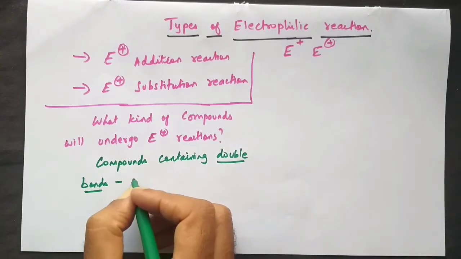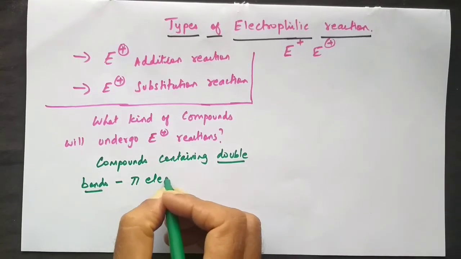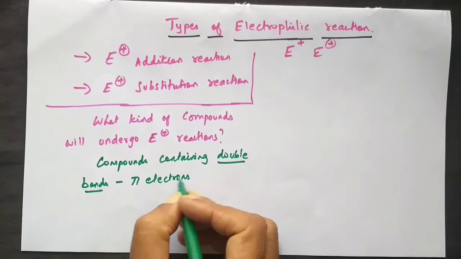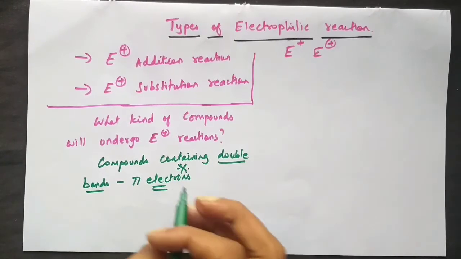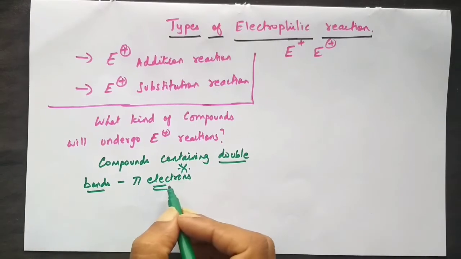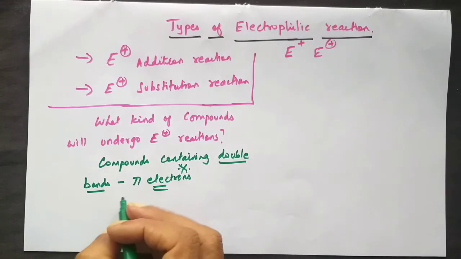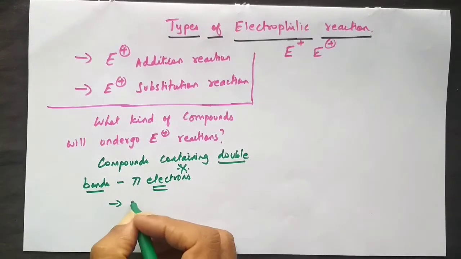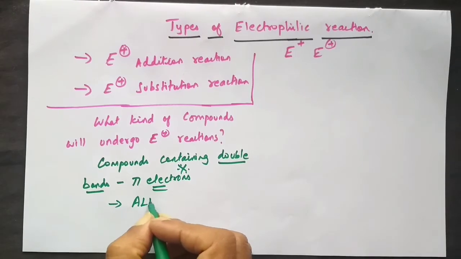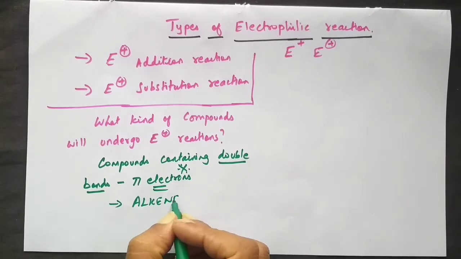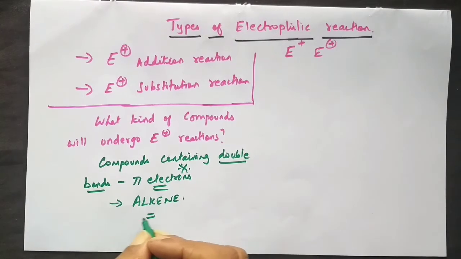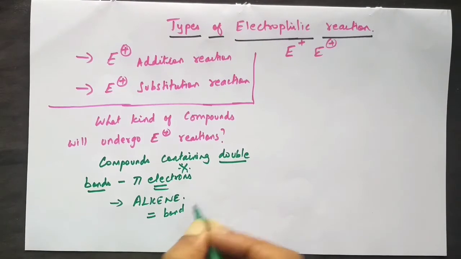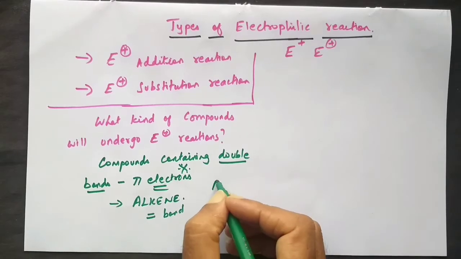Whenever a double bond is there, you will be having the pi electrons. This is very important while understanding the mechanism. So 99% of the time we'll be taking examples like alkene, which has a double bond, and benzene.